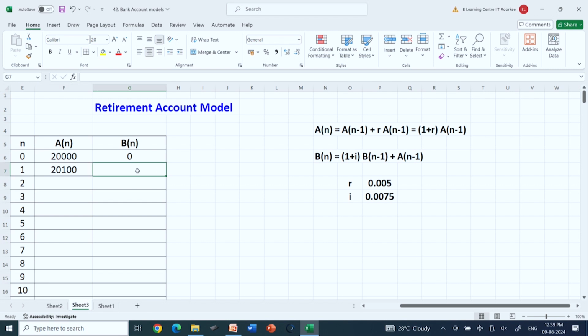And Bn is equal to (1+i), which is again a constant, multiplied by B0, initial value is 0, plus A0, which is this.